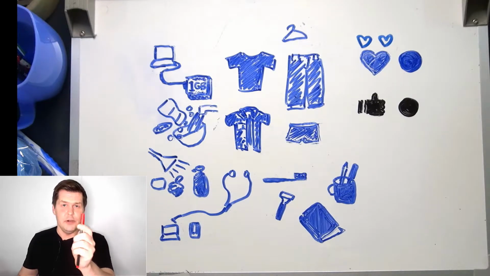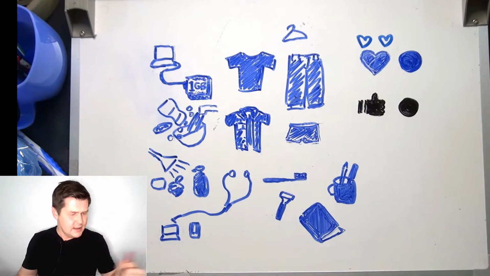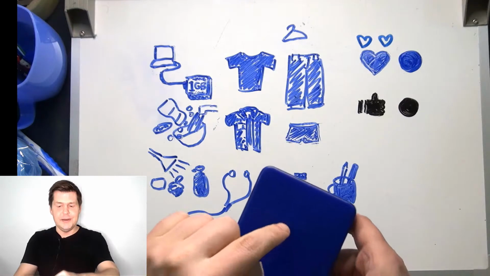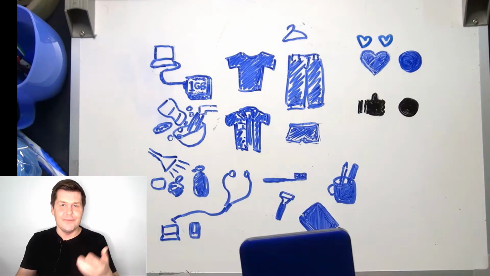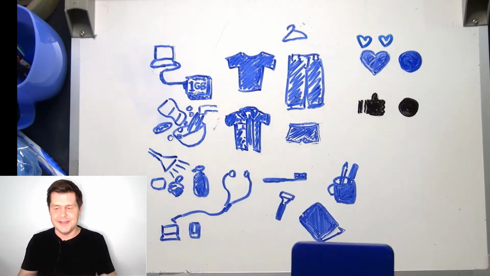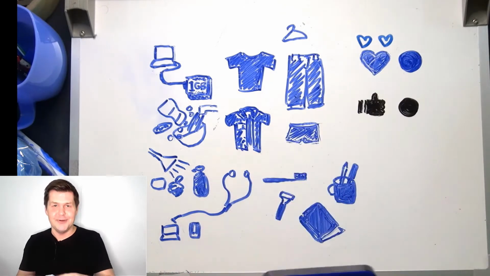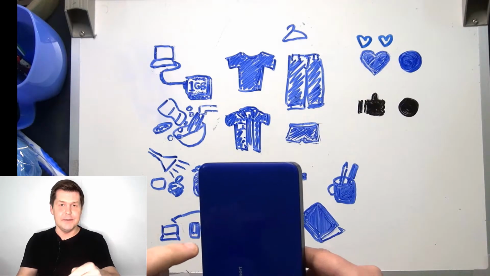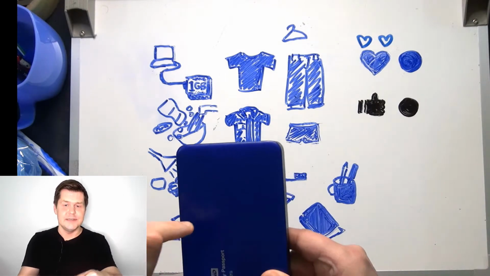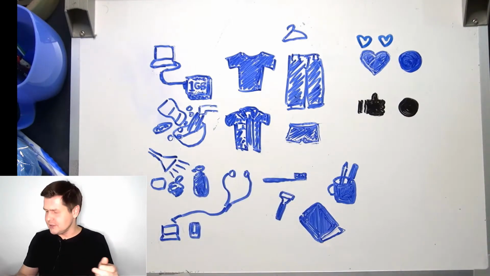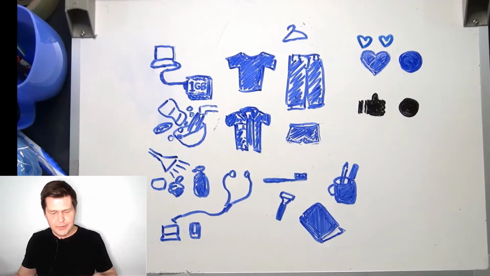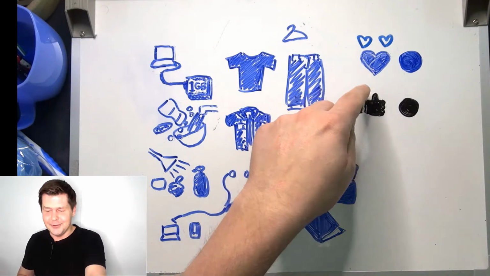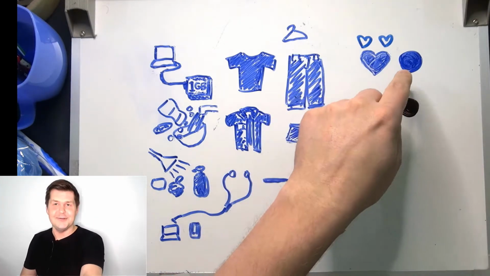It was available in red like this, and it was available in blue like this. So of course I chose blue because my favorite color is blue. So I bought the hard drive that comes in blue, this one. I also have many other blue things because again, I like blue.